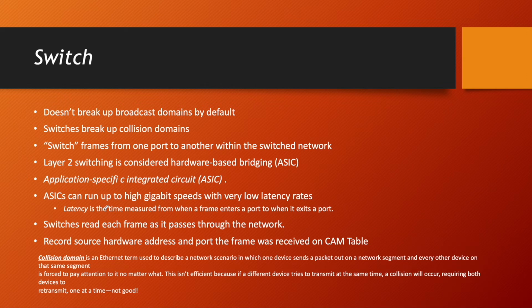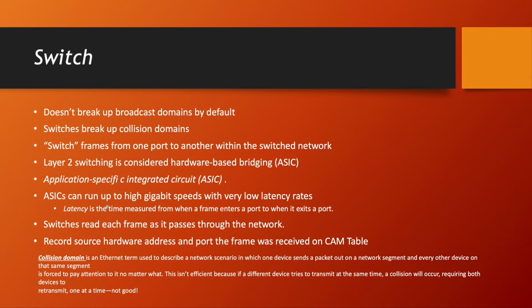The switches switch the frames from one port to another port. Layer 2 switching is considered hardware-based bridging, which is why layer 2 switches are much faster than layer 3 routers. The reason is that in layer 2 switches there is a hardware device called an ASIC, and a hardware process is always faster than a software-based process.